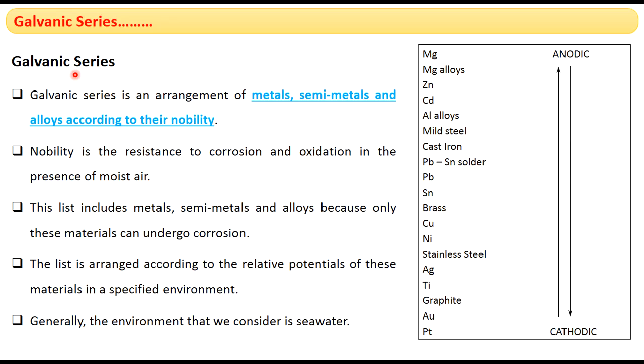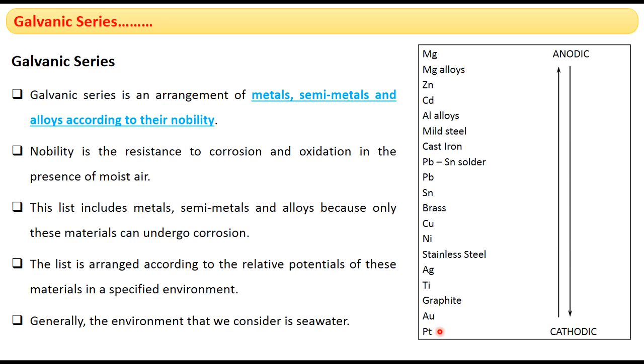Galvanic series is the arrangement of metals, semi-metals and alloys according to their nobility. Here we have magnesium alloys, zinc, cadmium, aluminum alloys, mild steel, cast iron. So here we find both alloys and metals, and the cathodic behavior decreases from top to bottom.